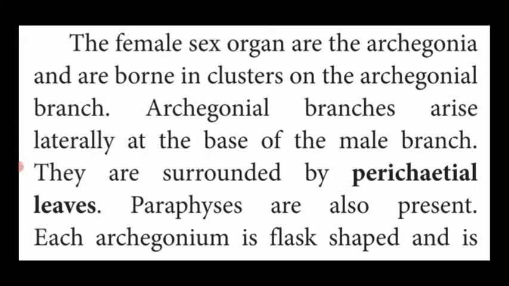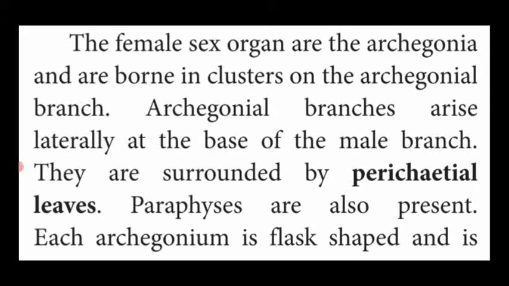The antheridia are produced in a group on the antheridial branch. At the base of the antheridial branch only, the archegonial branches are produced in a lateral position, that means side. On the side of the antheridial branch only, they produce the archegonial branch.